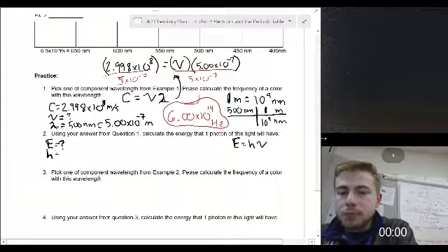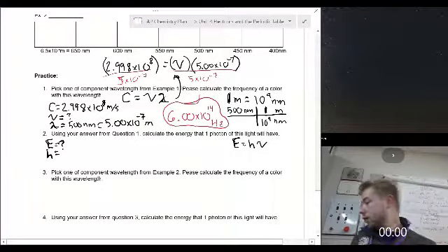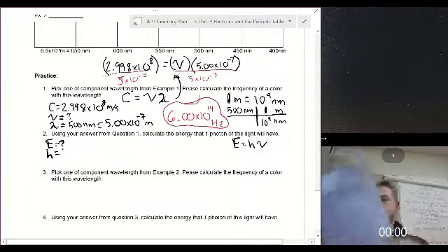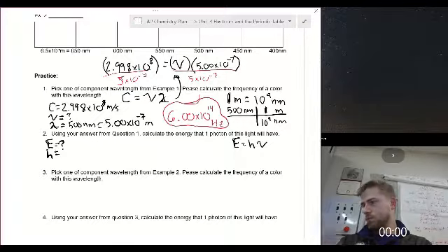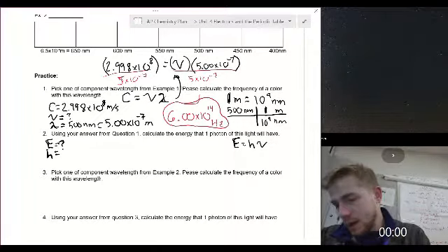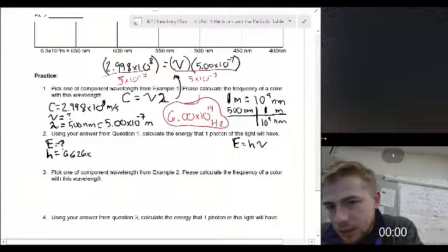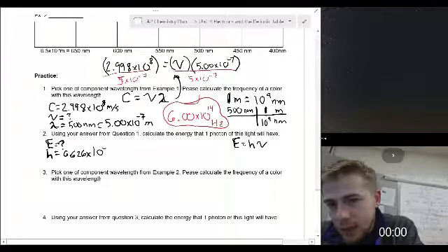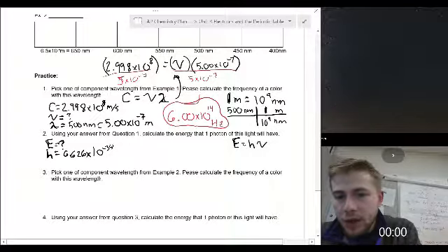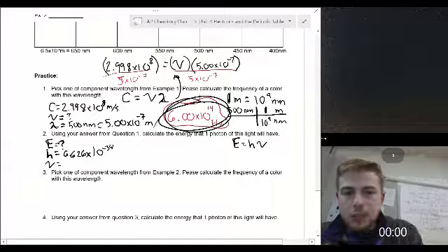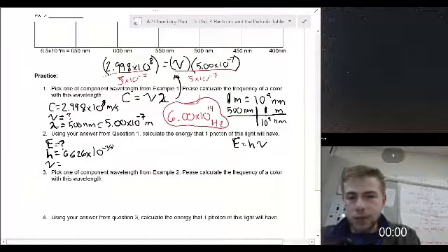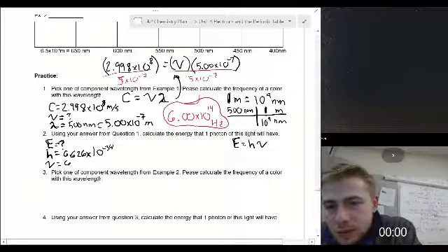And Planck's constant from our equation sheet is 6.626 times 10 to the negative 34. So a very small thing. Times frequency, which we just said was 6 times 10 to the 14th.